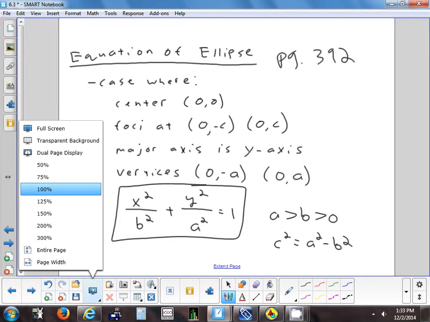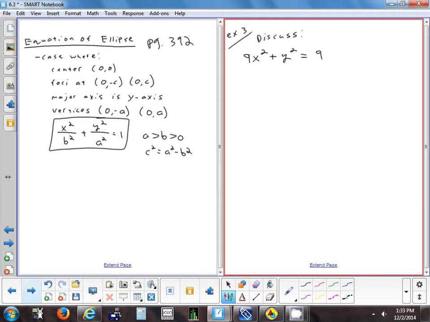All right, let's try an example. What's different about this equation? It's not written the way it should be. All equations of ellipses have to equal 1. This equals 9. So what could I do?